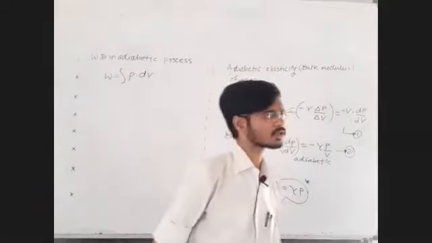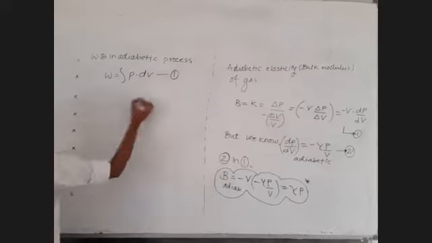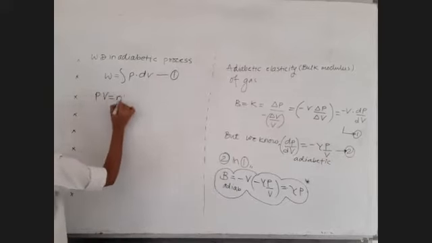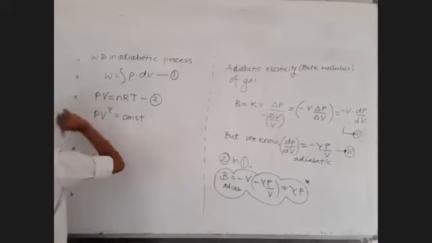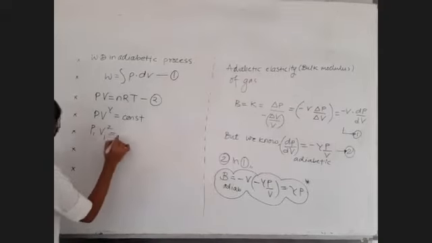But the gas is still an ideal gas. For an adiabatic process, PV raised to gamma is equal to constant. So initial volume is V1, final volume is V2, initial pressure is P1, final pressure is P2.